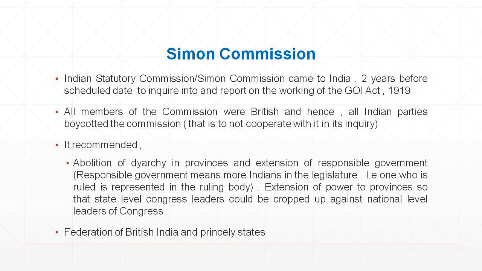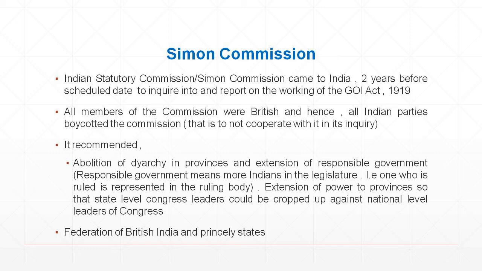So let's see what the recommendations are. The main recommendations are abolition of diarchy. Diarchy, as we know, is a division of provincial subjects into transferred and reserved subjects, where the executive council has complete power over the reserved subjects, and the legislative council over the transferred subjects. Extension of responsible government in the provinces.